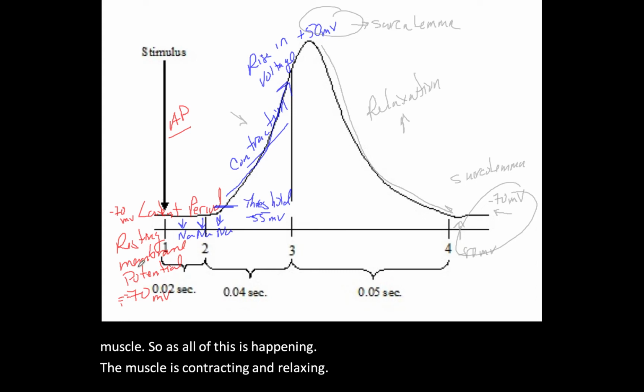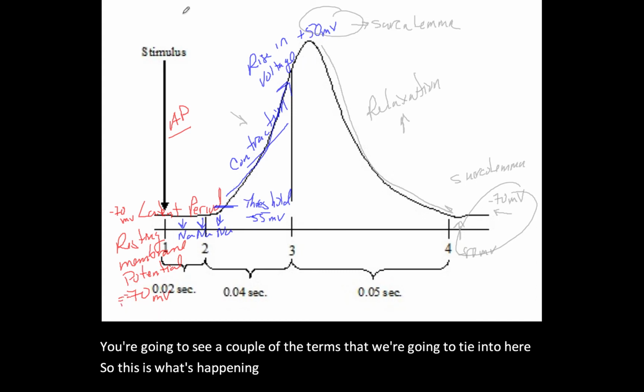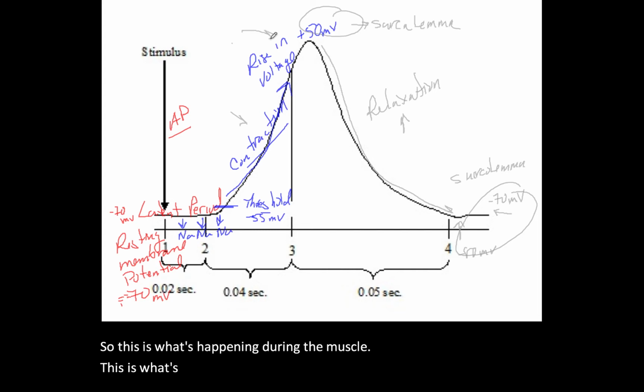You're going to see a couple other terms that we're going to tie into here. So this is what's happening in the sarcolemma, and this is happening in the muscle.